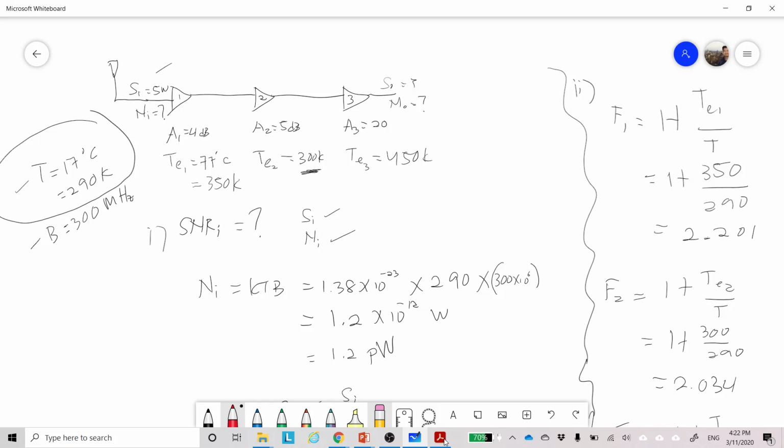Okay, ini satu kerja lagi kita kena tukar nilai gain kepada absolute value. Okay, so kalau you lihat gain 4 dB so this 4 dB is equal to anti-log 0.04, you akan dapat 2.512. Okay, 2.512.